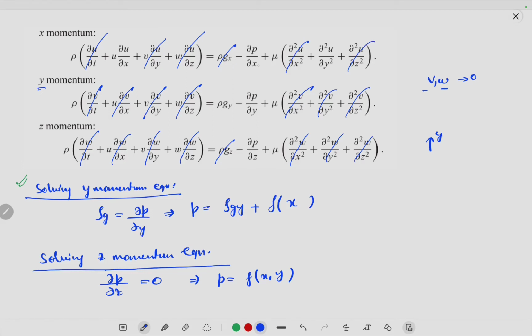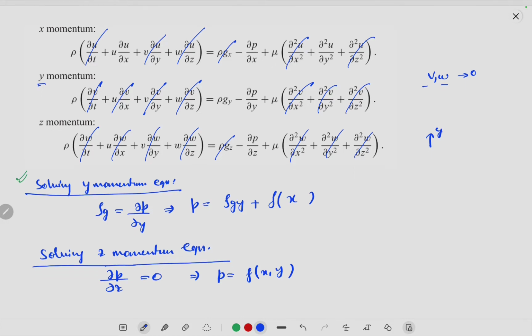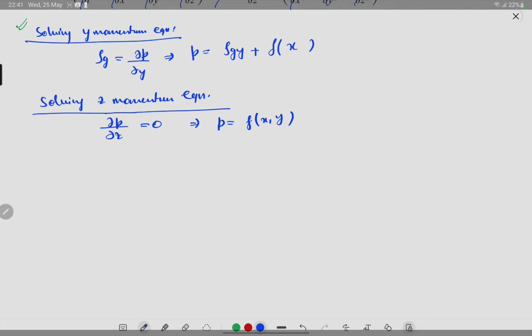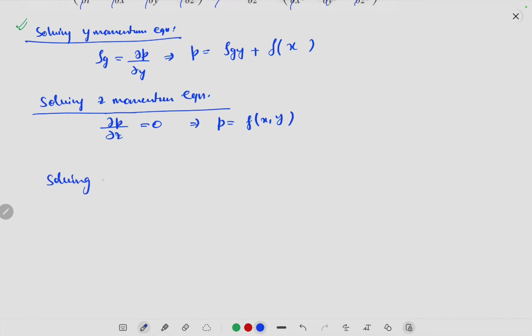So what I'll be left with is del p by del x equal to mu del square u by del y square. Solving the x momentum equation gives us minus del p by del x plus mu del square u by del y square equal to 0.